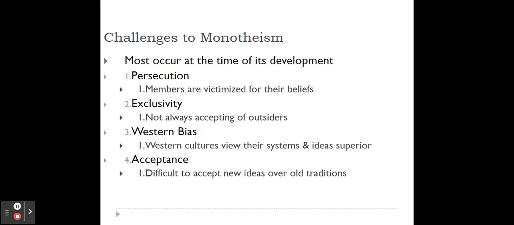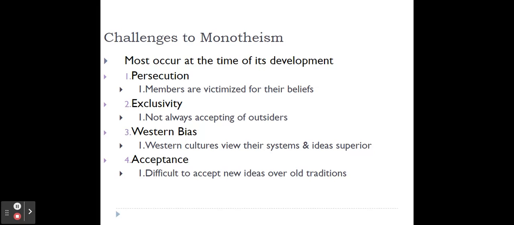Exclusivity. Because you believe you are the correct faith, monotheists are often not accepting of outsiders. And even though most of the monotheistic religions, in fact, I would probably argue all the monotheistic religions, teach some form of peaceful interaction with those around you, especially when it comes time to try to proselytize your beliefs, they appear as non-accepting because they believe they're the only correct religion.